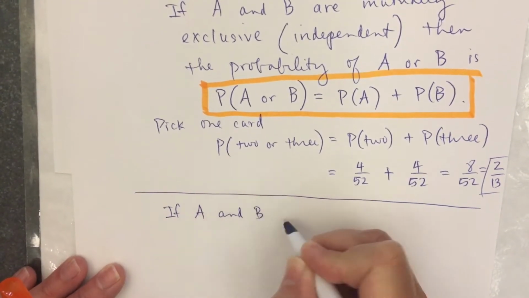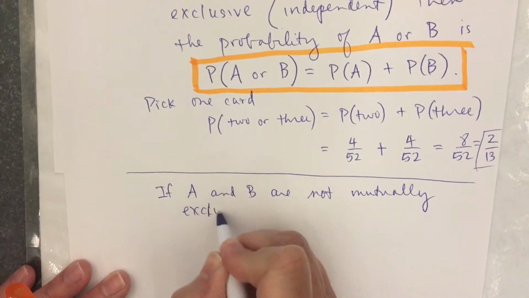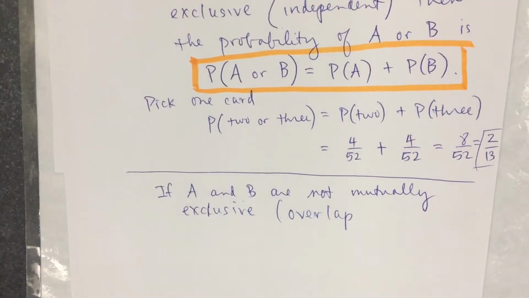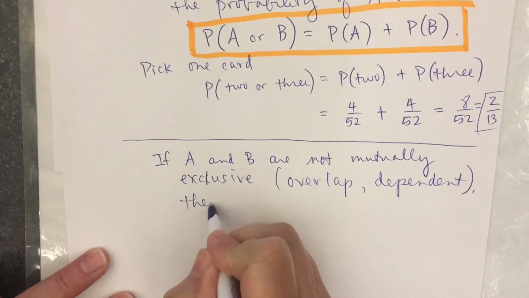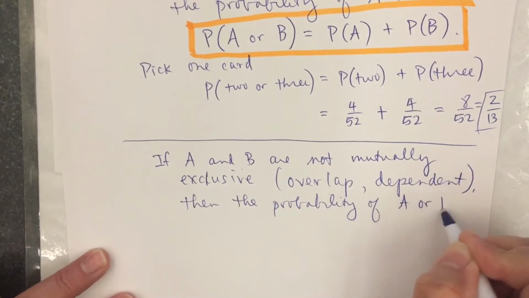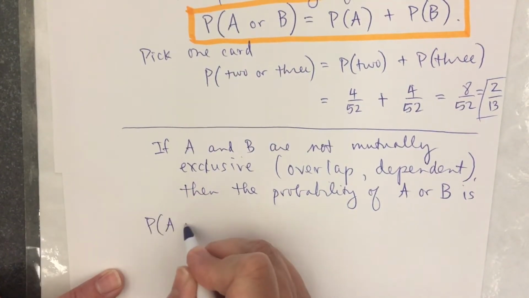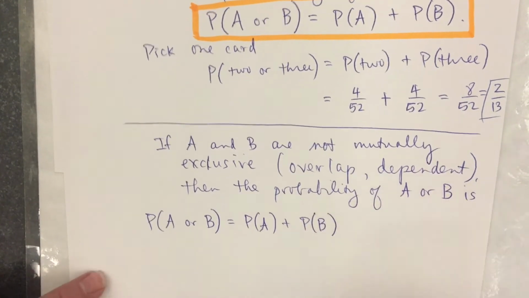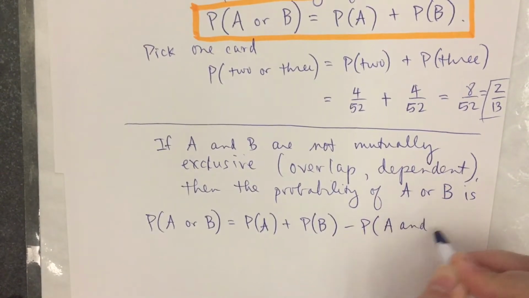If A and B are not mutually exclusive, so there's some overlap, they might have used the word dependent, then the probability of A or B is P for probability, A or B is the probability of A plus the probability of B minus the probability of both, probability of A and B.